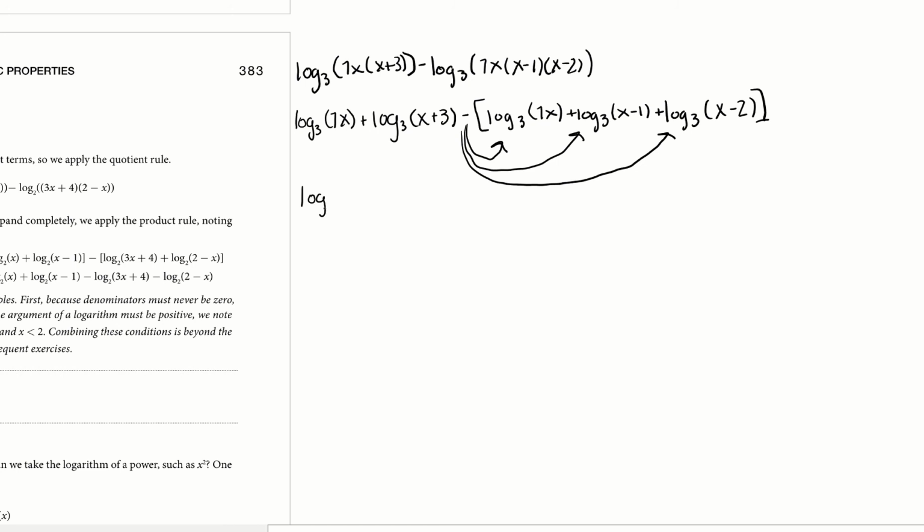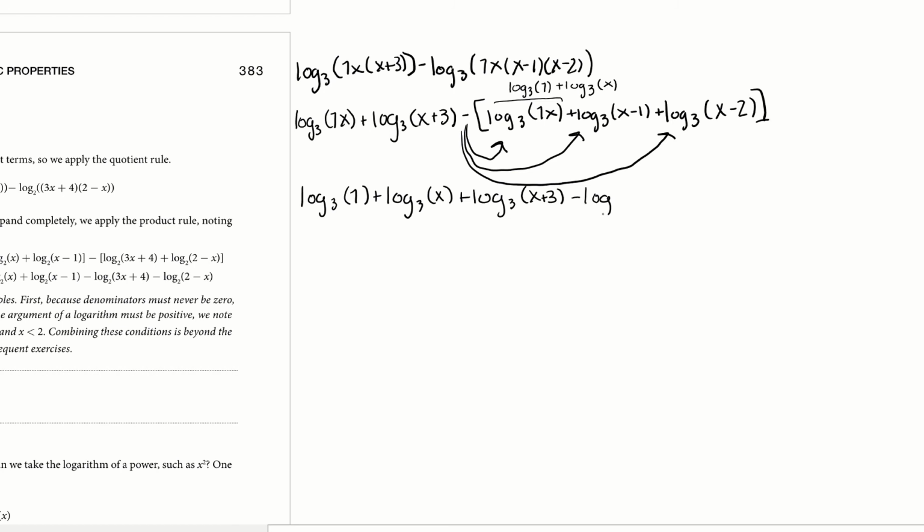So we would have log base 3 of 7x, and it looks like it can be broken up again into log base 3 of 7 plus log base 3 of x, and then we have log base 3 of x plus 3. And then we're going to break this log 7x up into log base 3 of 7 plus log base 3 of x, and I'll just distribute the negative to those.